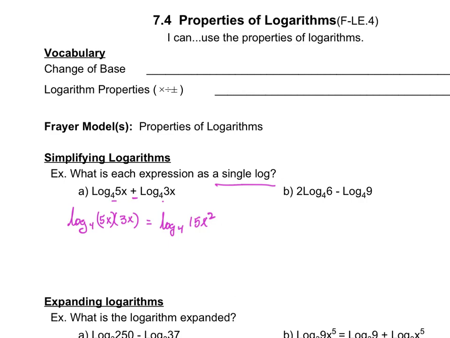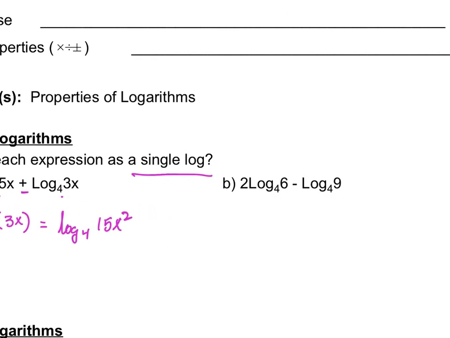And as we continue here with this next expression, going from left to right, let's work with this term first, and we should see that we are going to end up having the power rule. So we can reverse the power rule. So that becomes the log of base 4 of 6 squared minus the log of base 4 of 9.